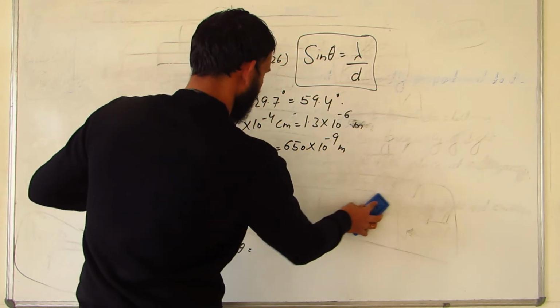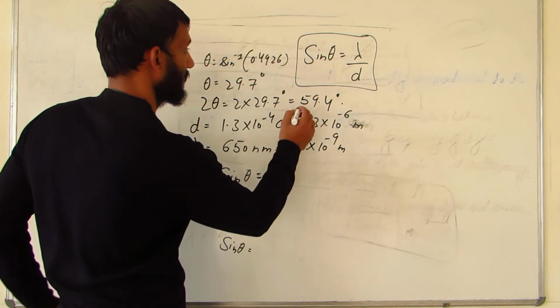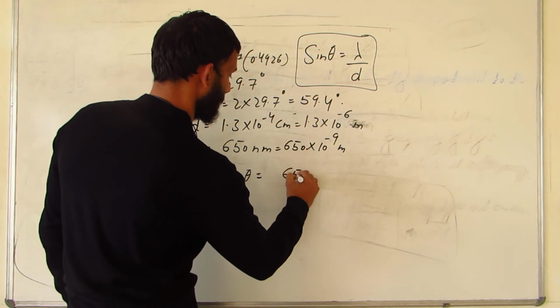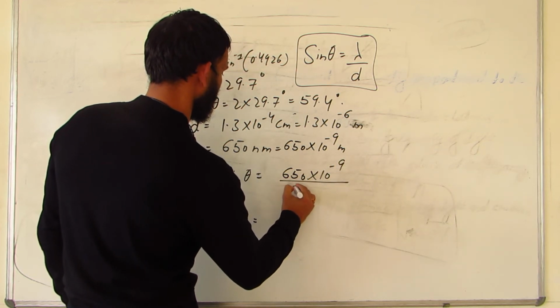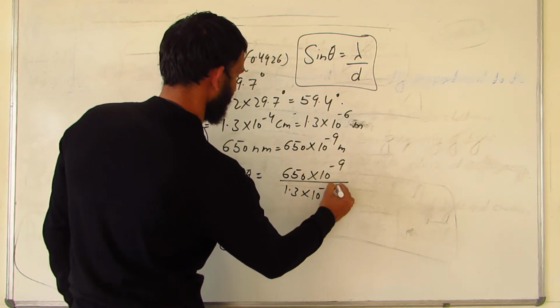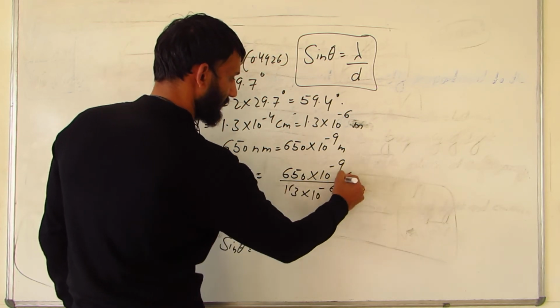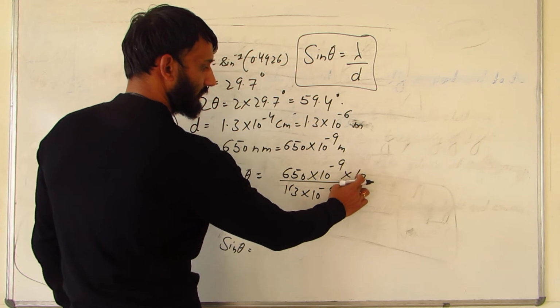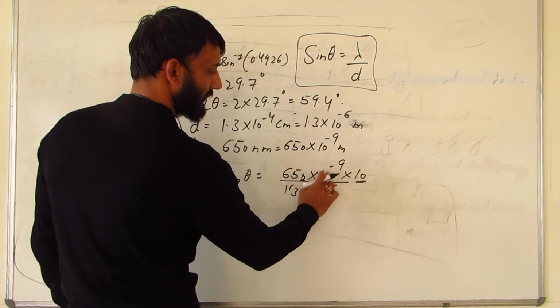So you can take a pause here, those who want to give it a try. And for the rest of you, I could do it. Lambda by d, 650 upon 1.3 into 10 to the power minus 6. It's very easy actually. Again this will go up. This 10 to the power minus 9 and this 50 will make it minus 7.